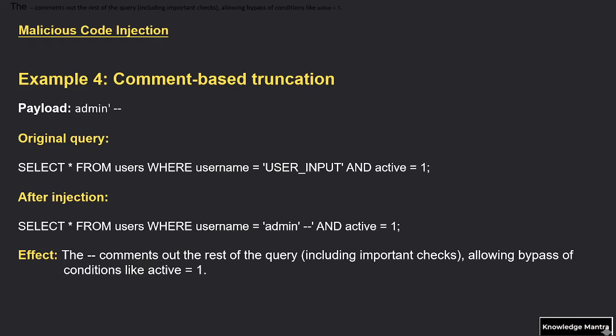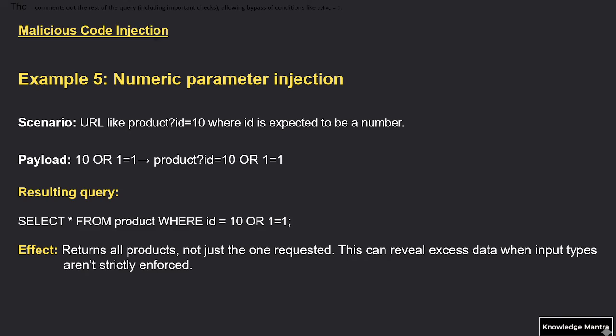That is something which is not expected. We are only looking for the active accounts, but when it bypasses this, it will give you a list of all the accounts, which is not permitted. So we need to be very careful while writing queries. Next example is numeric parameter injection.